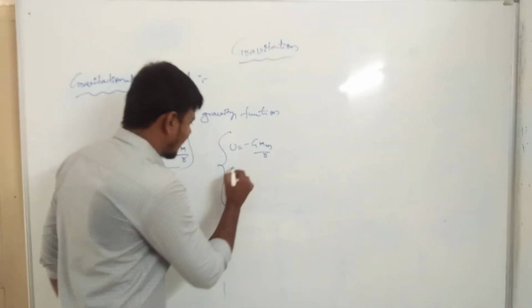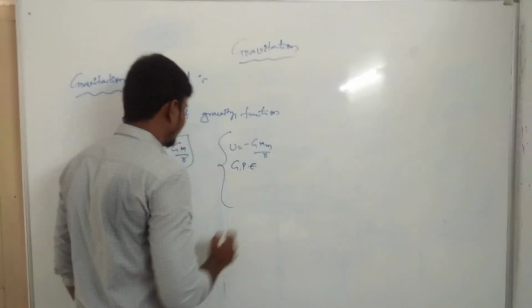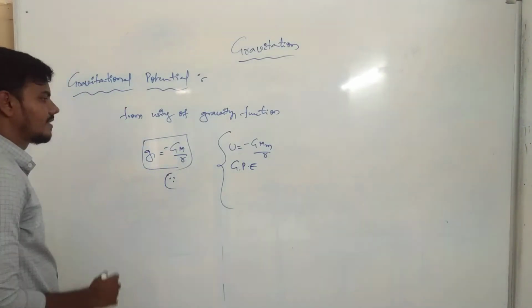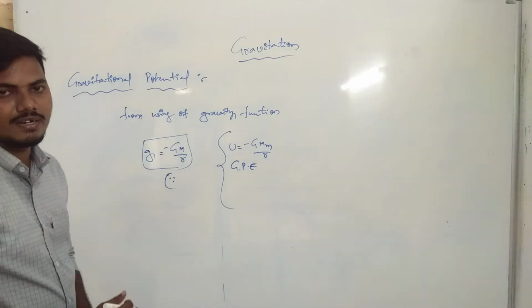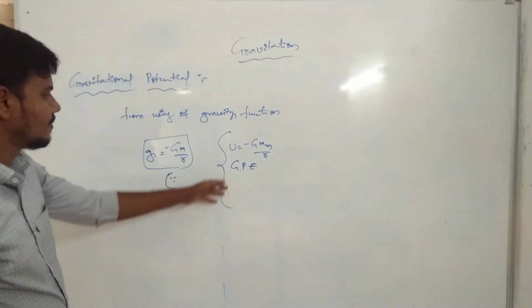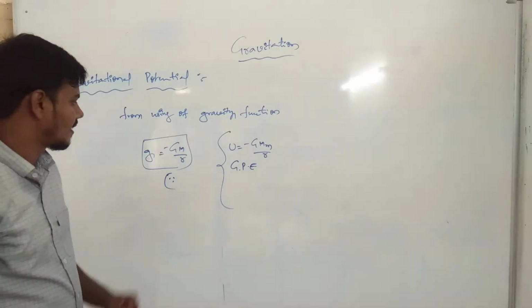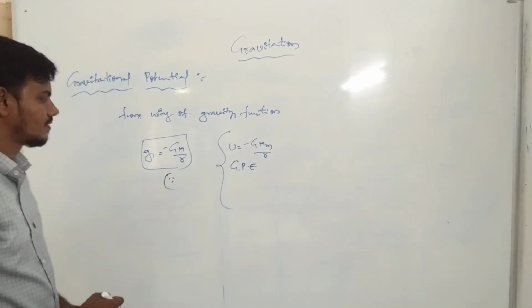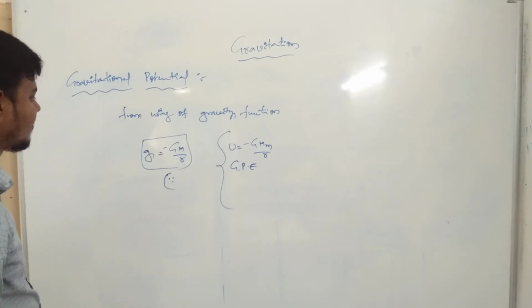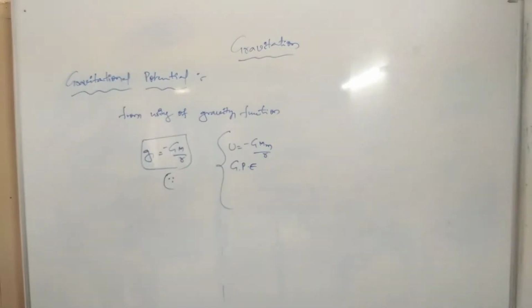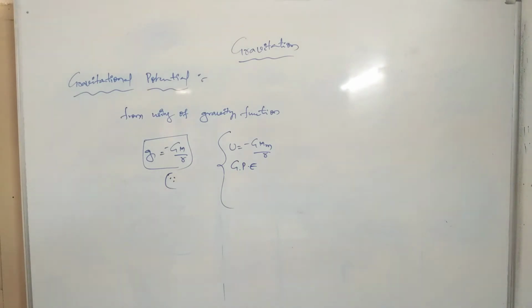This one is gravitational potential energy. This side is gravitational potential. Don't get confused. We are using U is equal to minus G capital M small m by R. Now G is equal to minus G m by R also. Clearly, in the same way as the work function, W is equal to minus G capital M small m by R also.